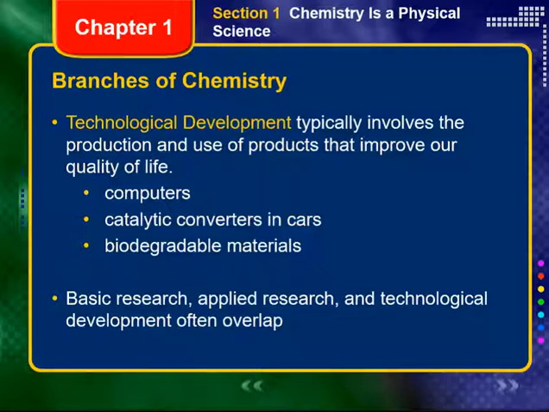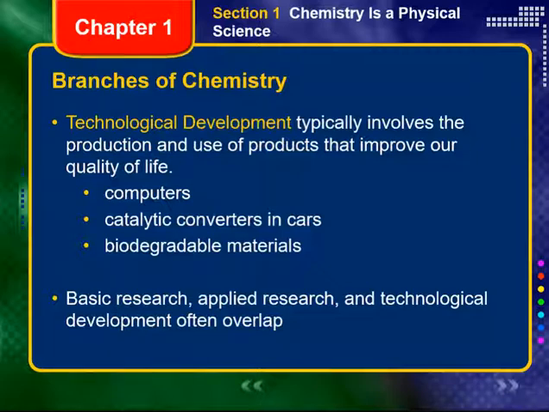For example, non-stick cookware, a technological application, was developed well after the accidental discovery of Teflon. When it was later discovered that the Teflon coating on cookware often peeled off, a new problem had to be solved. Using applied research, scientists were then able to improve the bond between the Teflon and the metal surface of the cookware so that it did not peel.